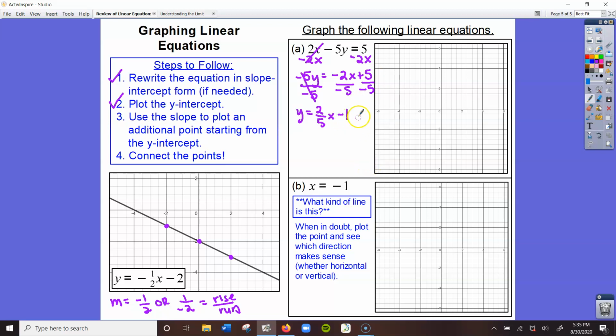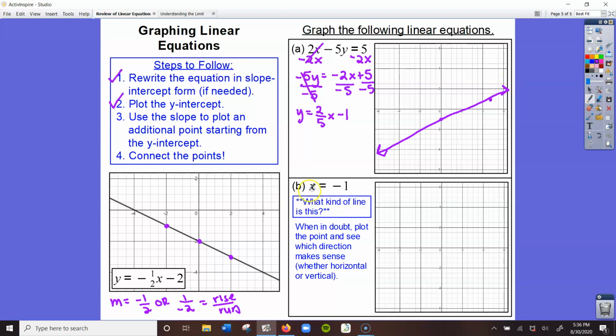My y-intercept is negative 1, so I'm going to plot my dot at y equals negative 1, and then my slope is 2 over 5, so that means I'm going to go up 2 and right 5. Once I have 2 dots, that's all you need. You can go ahead and draw your line. And that's it.